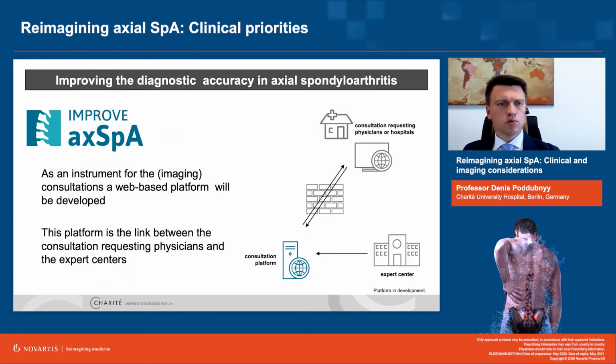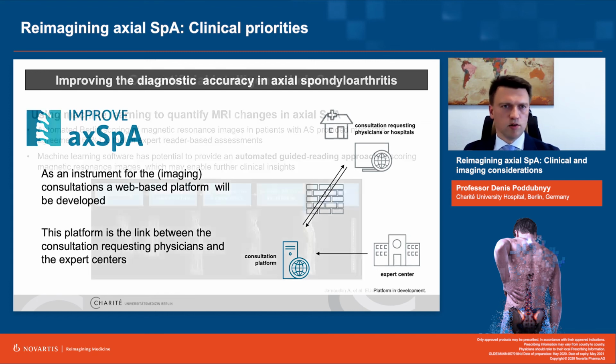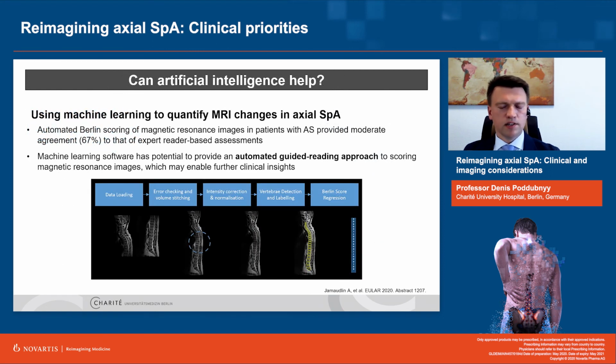We are also working right now on a research project dealing with a potential central reading service for clinical practice. It will be evaluated in the next couple of years, and if it is successful, it might be available for many rheumatologists across the globe. And finally, artificial intelligence.